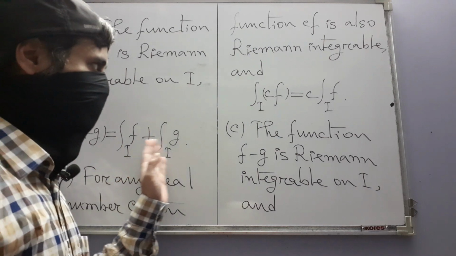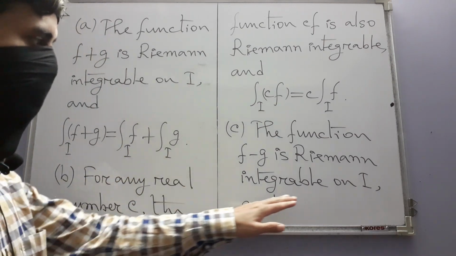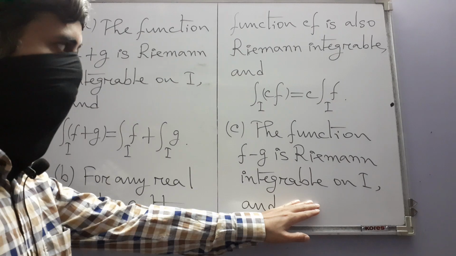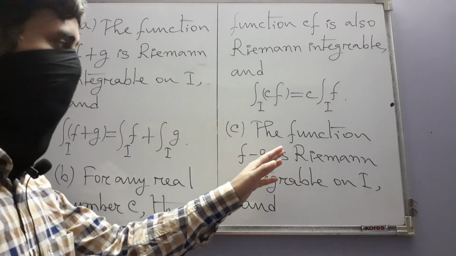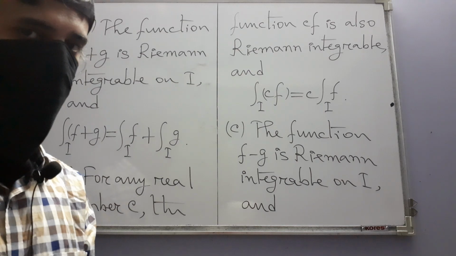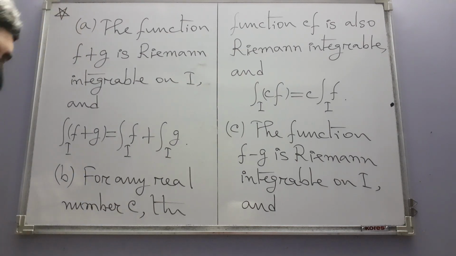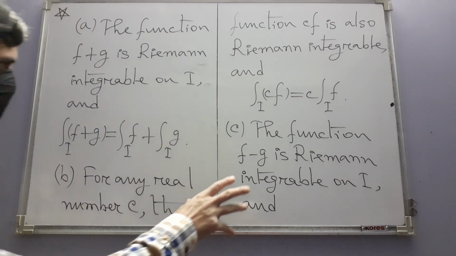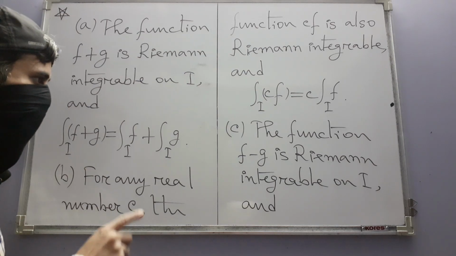Before I clean this part, let us just think of how this follows from parts A and B. Although you may know, let's just see once again how it follows from parts A and B.